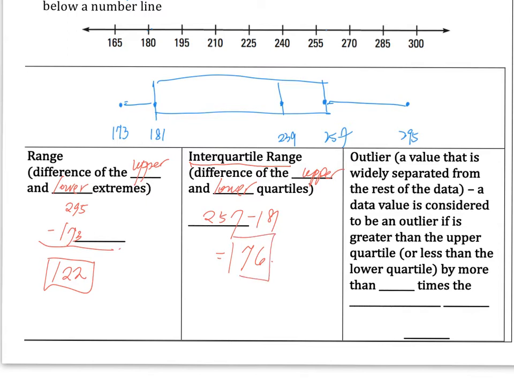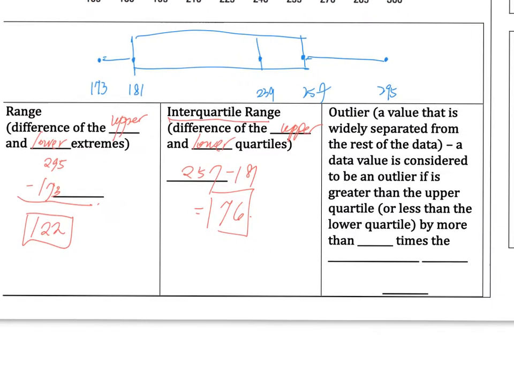Now, the outlier could be a little bit more complicated. It is a value that is widely spread from the rest of the data. A data value is considered to be an outlier if it is greater than the upper quartile or less than the lower quartile by more than 1.5 times the interquartile range.